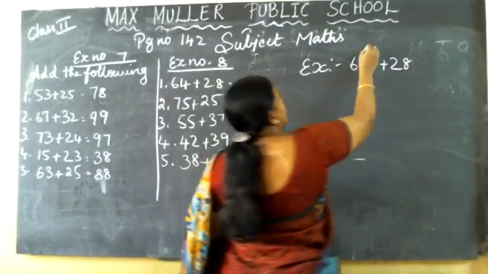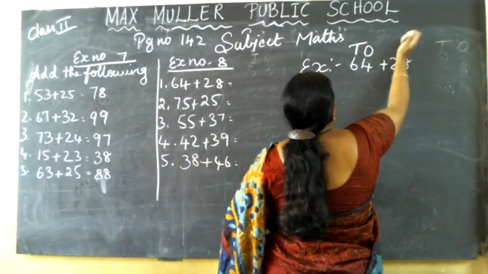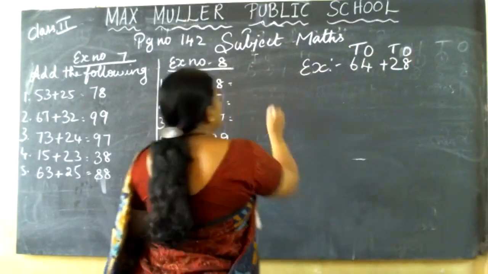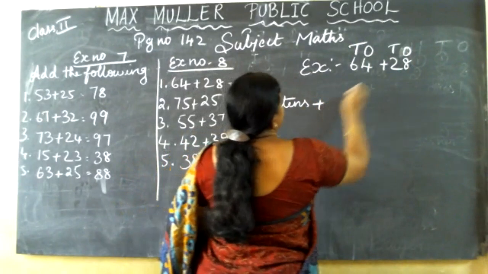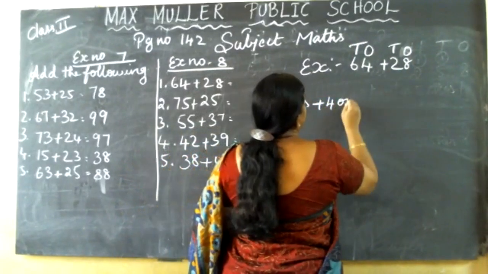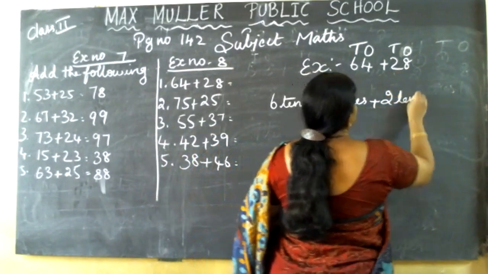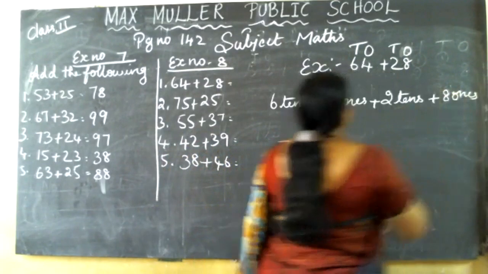See here, 4 is in ones place, 6 is in tens place, 8 is in ones place, 2 is in tens place. Now you want to write tens. 6 tens plus 4 ones plus 2 tens plus 8 ones. Understood, children?